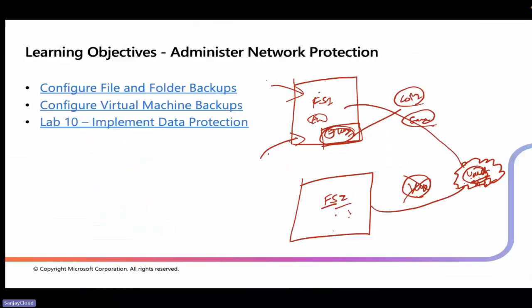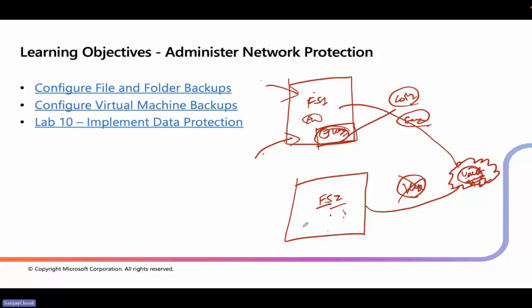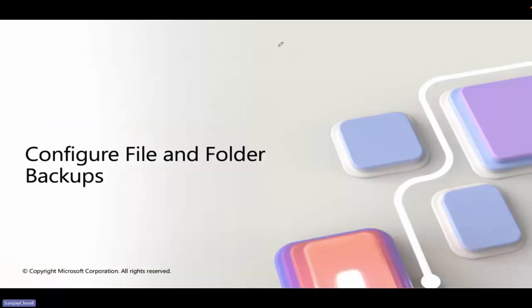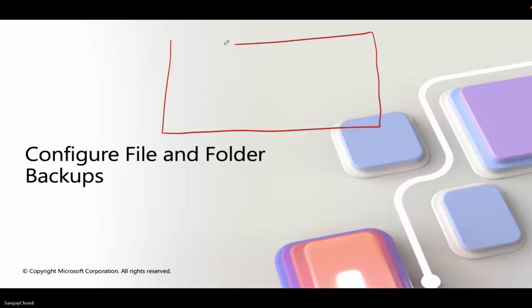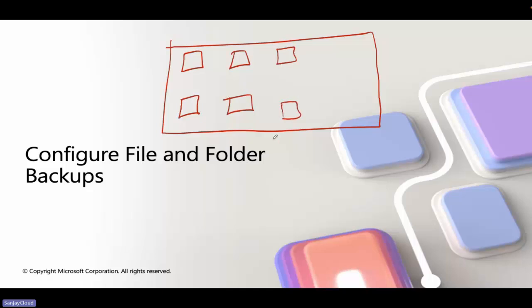Okay, so let me go back to my slides. Assume this would be my on-prem data center. On-prem means a physical data center, where we have multiple servers like Azure AD server, DNS server, file server, print server, application server, web server.